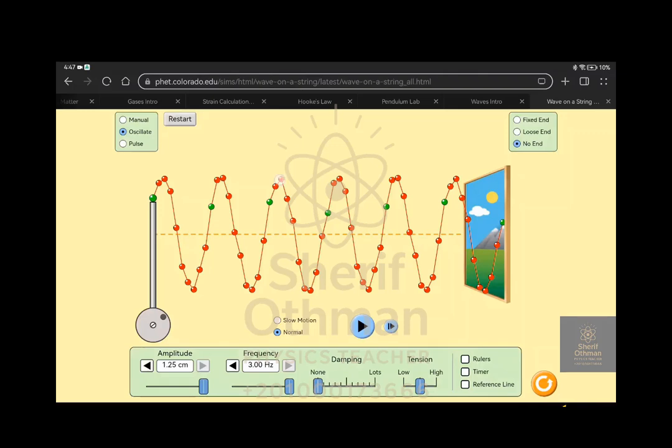The wavelength is the distance between two successive points. Successive points mean points of the same phase. Here is the wavelength, from this point to this point. From this point to this point is a wavelength. Successive points mean two points have the same properties, same phase. Phase means same direction and same position.